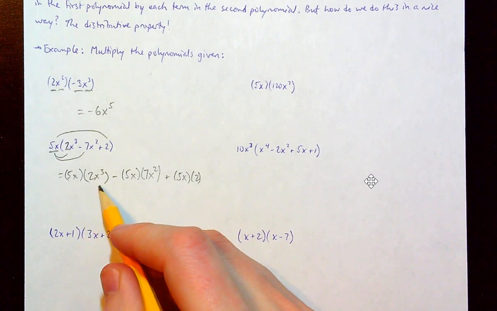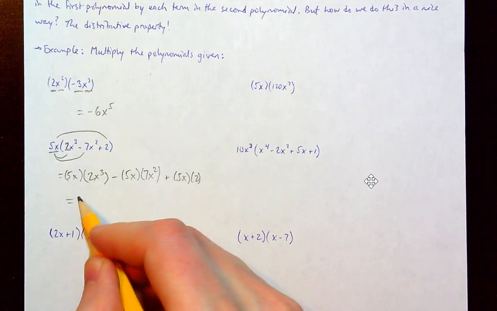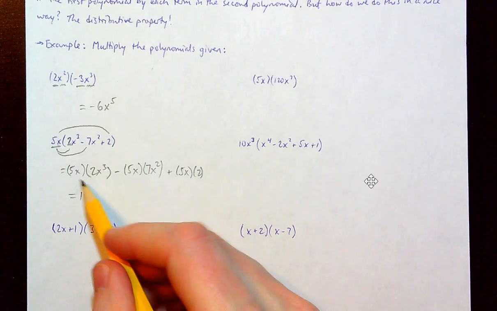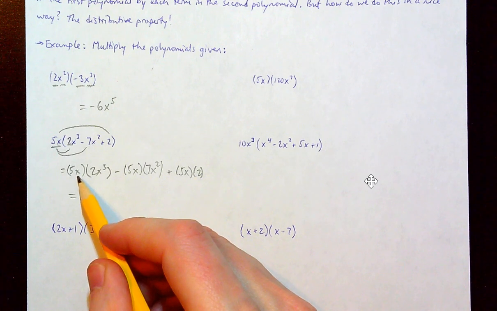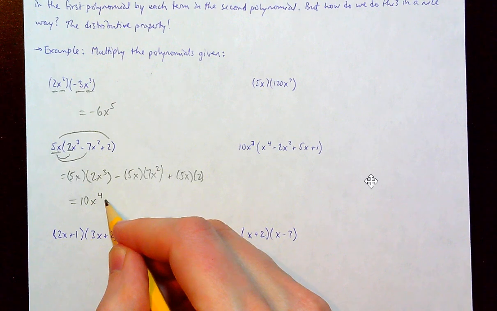5x times 2x cubed. Multiply the 5 and the 2 in front to give me 10. Multiply the x, or x to the 1, and the x cubed to give me x to the fourth power.